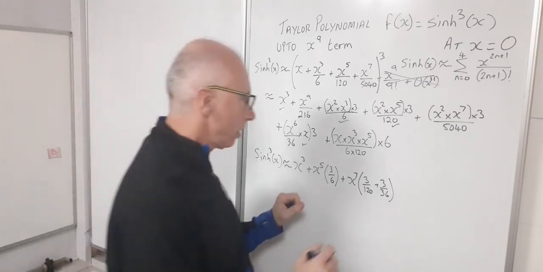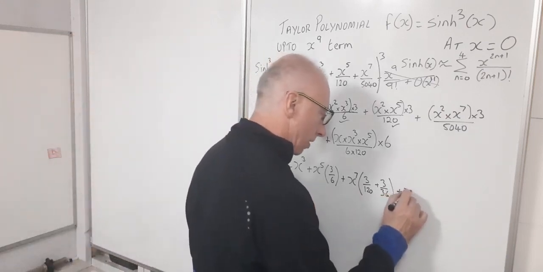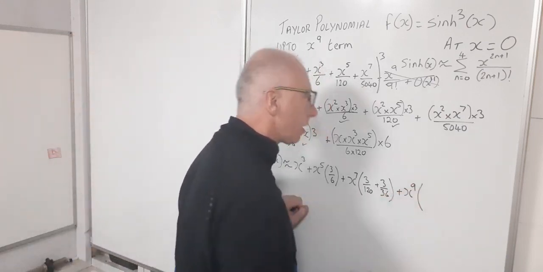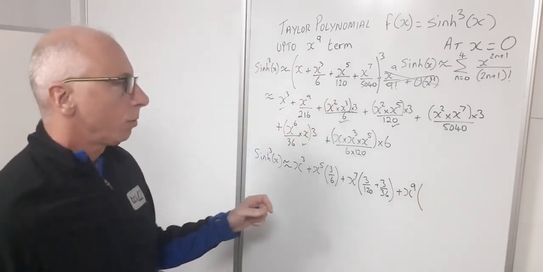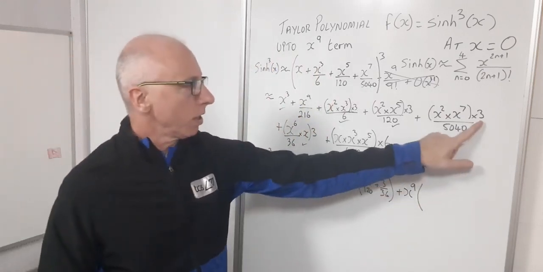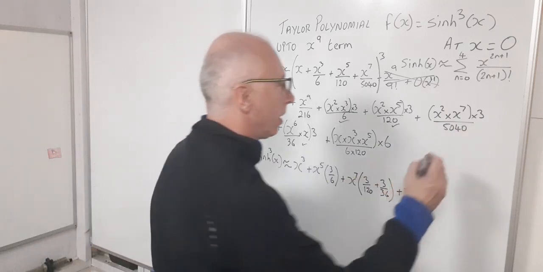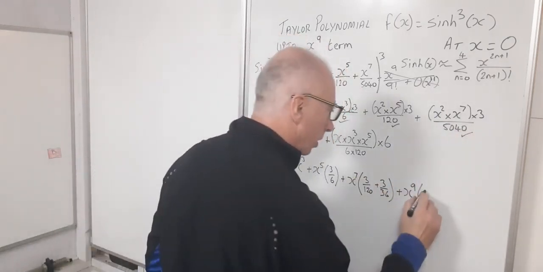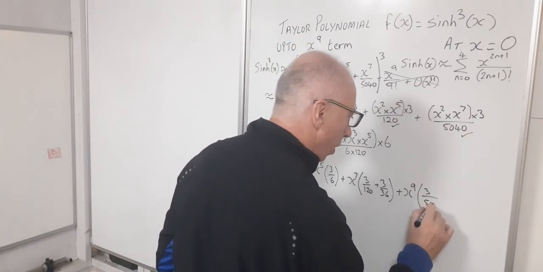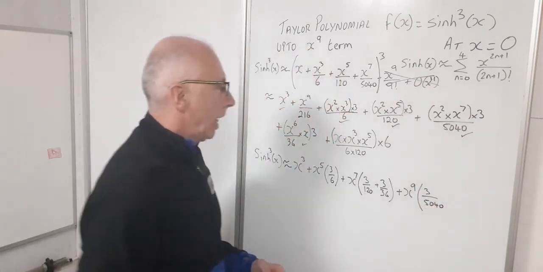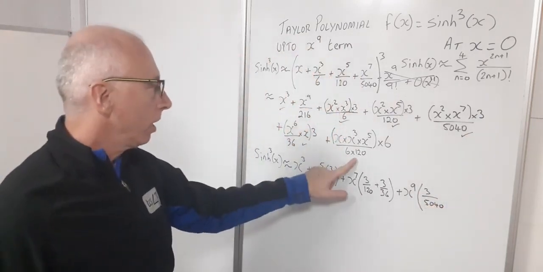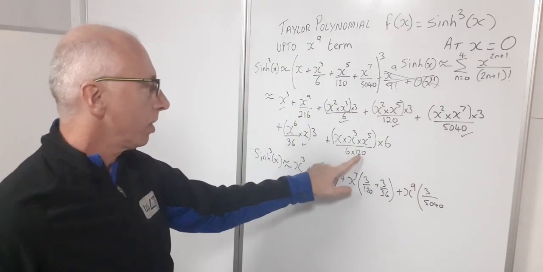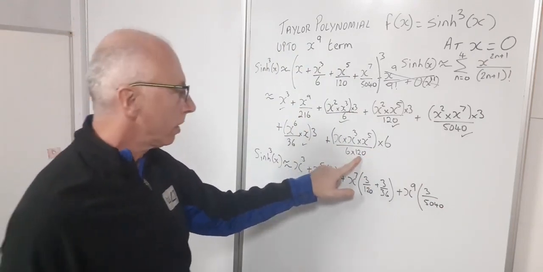Now we want x to the 9. Now this is where things might get a little bit awkward with the coefficient. So we've got x to the 9 here. So that's 3 over 5040. And then one here, we've got 6 over 6 times 120.